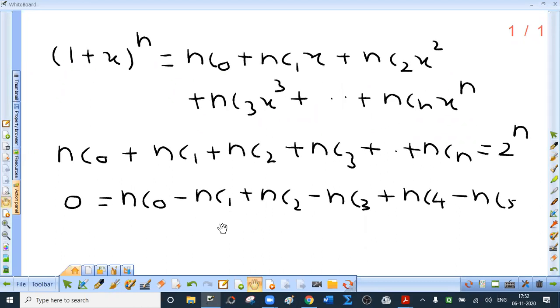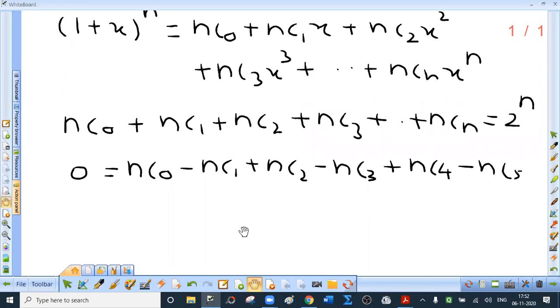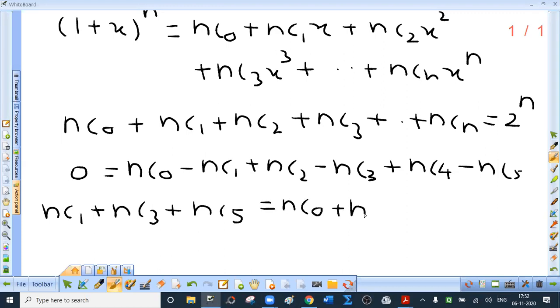You will notice that odd binomial coefficients are negative. Bring them to LHS so that I can say nC1 plus nC3 plus nC5 equal to what? nC0 plus nC2 plus nC4. So we have proved what?